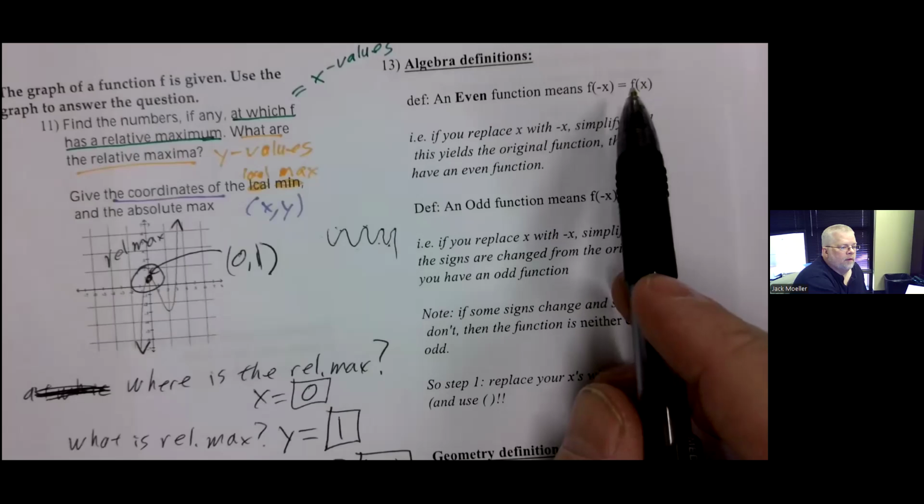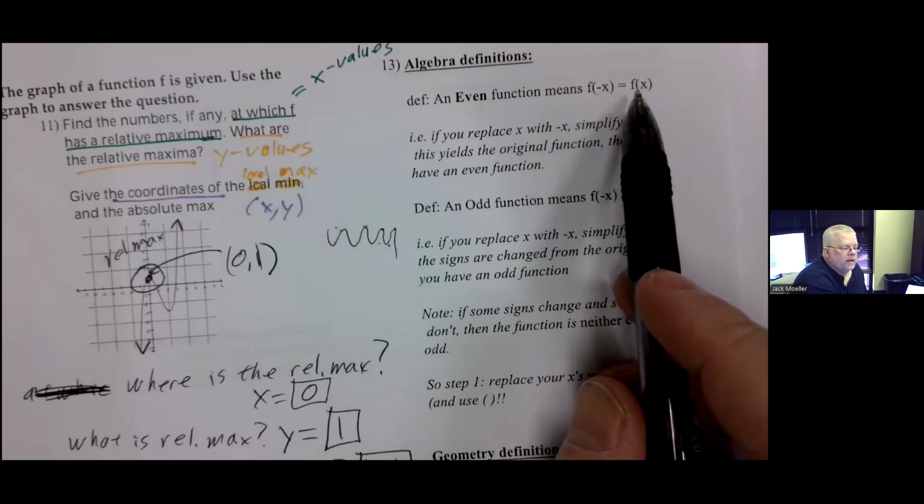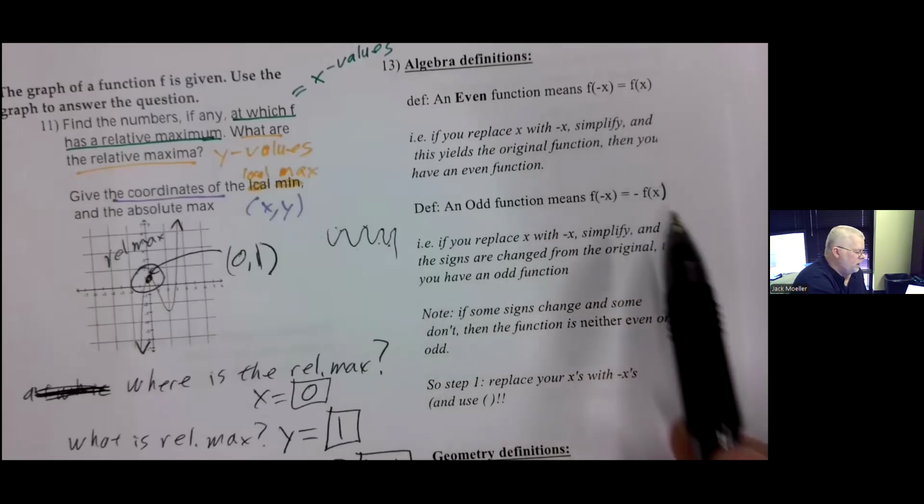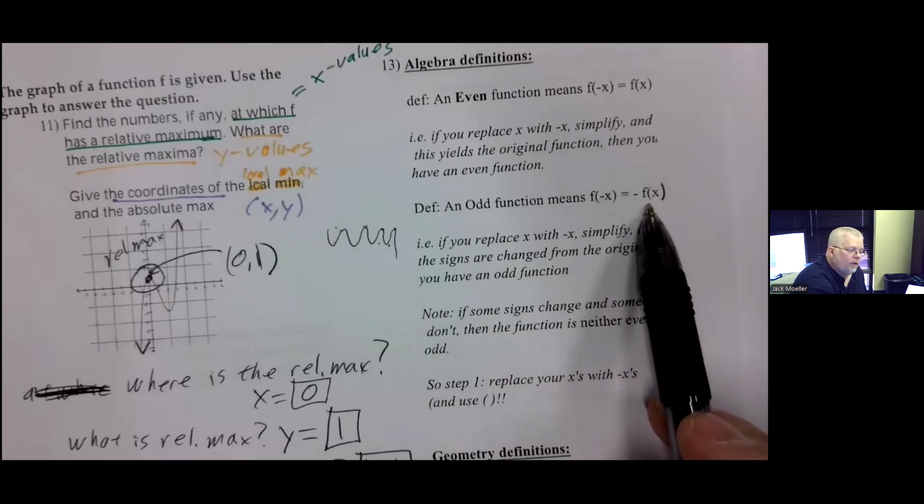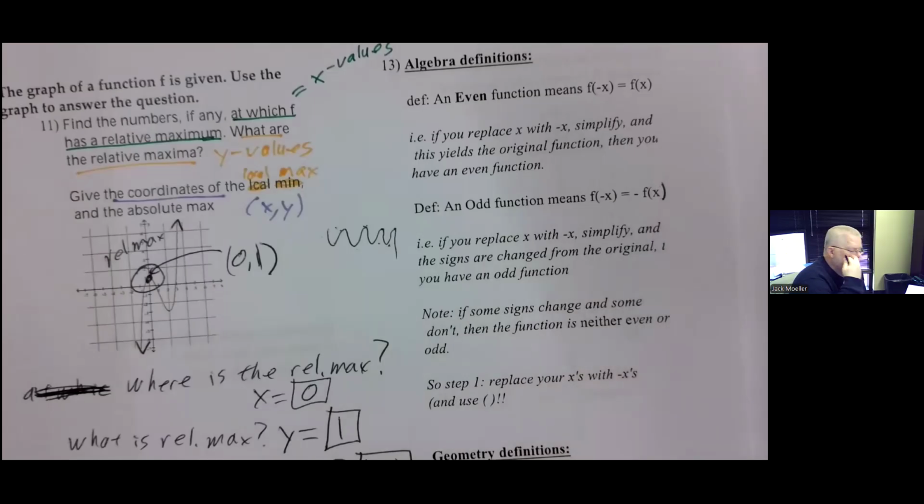If after we clean up we get exactly what we started with, it's even. If after we clean it up all the signs are changed, then it's odd. If some of the signs change and some don't, then it's neither. And when you're doing this, please use parentheses when you're plugging in your negative x's. All right, so that's the big picture. Now let's see what these problems look like.